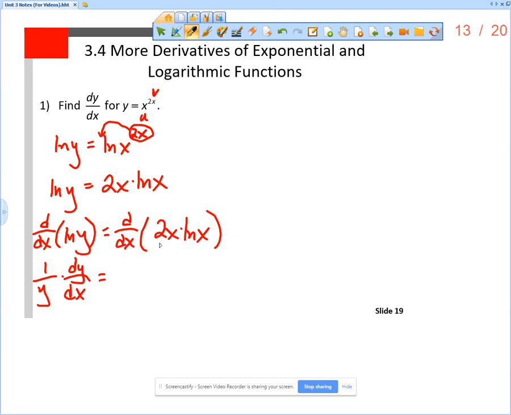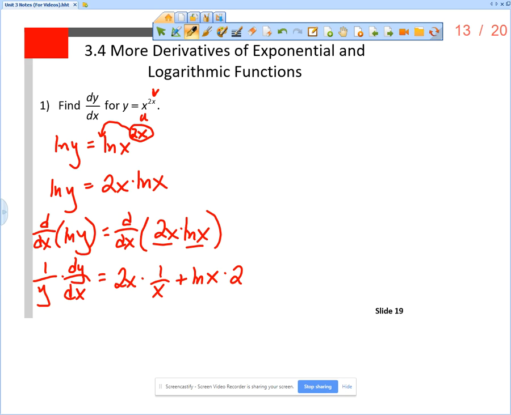On the right side, this is a product, right? So we take 2x times the derivative of the natural log of x, which is 1 over x, plus the natural log of x times the derivative of 2x, which is 2. All right, now I'm going to leave that alone just for a few moments. So now that is step number 3.